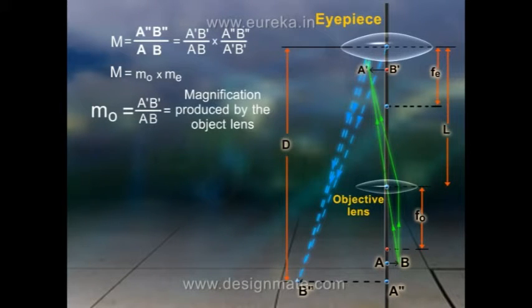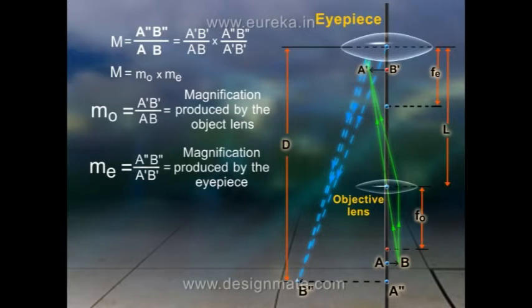That is equal to MO into ME, where MO is equal to A'B' upon AB, which is equal to the magnification produced by the objective lens, and ME is equal to A''B'' upon A'B', which is equal to the magnification produced by the eyepiece.